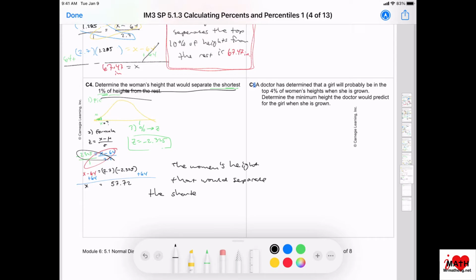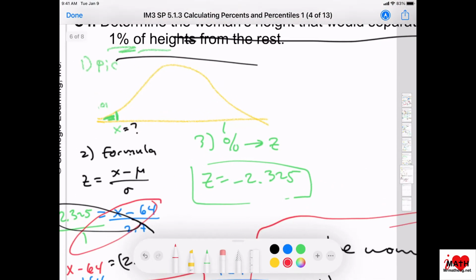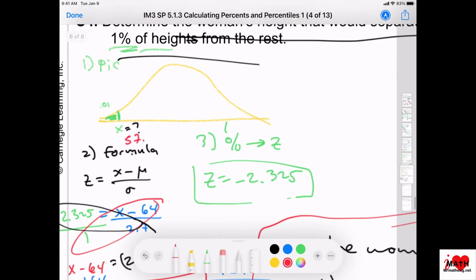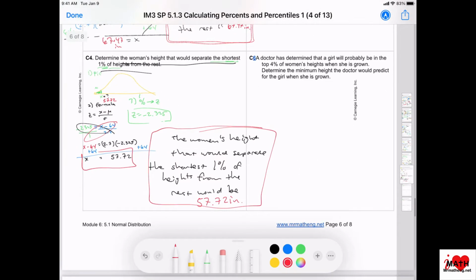The shortest 1% of heights from the rest would be 57.72 inches. So x we basically found to be 57.72. Okay, so that was C4.